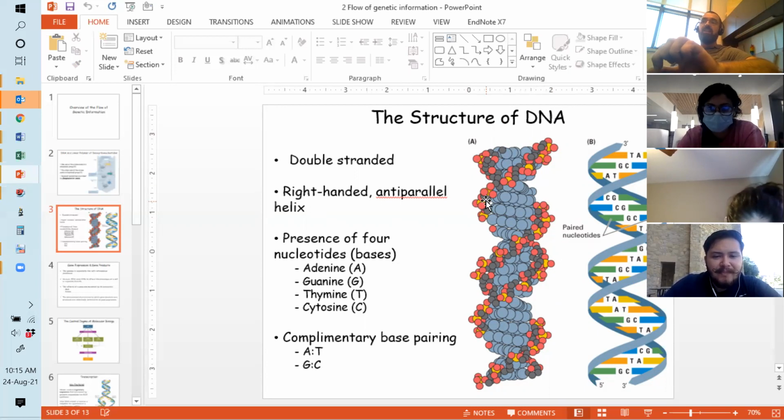DNA is not an even twist. It has what's called the minor groove, which you can see here. It's a small groove, and the major groove.